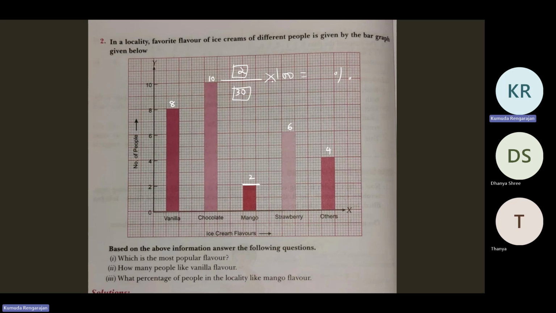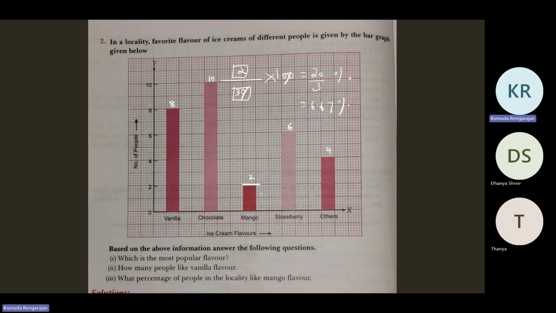Got this? And that will be the percentage. So simplifying, we get 20 by 3 percentage. You can write it as a decimal number also. 6.66 it will go on, so 6.67 percentage.